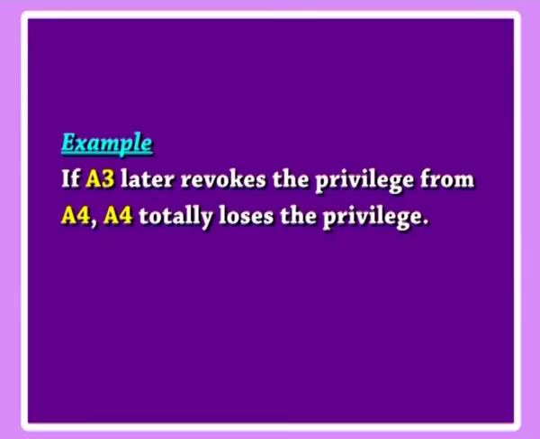If A3 later revokes the privilege from A4, A4 totally loses the privilege. Hence, a DBMS that allows propagation of privileges must keep track of how all privileges were granted, so that revoking of privileges can be done correctly and completely.